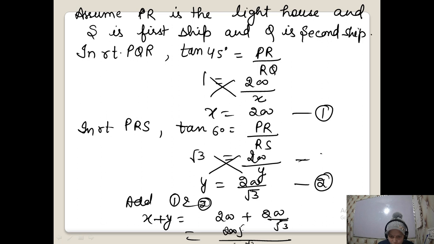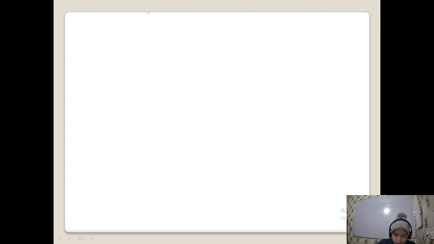When we multiply 200 by root 3, then we have to write 200 root 3 plus 200, that is equal to 200 in bracket root 3 plus 1 over root 3. Now you can solve it by this method.